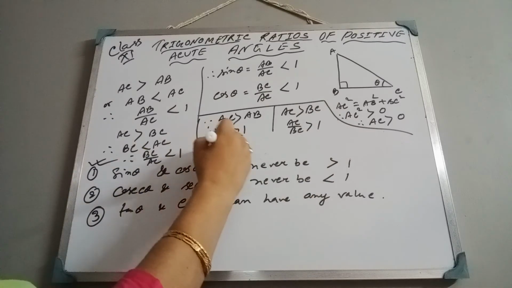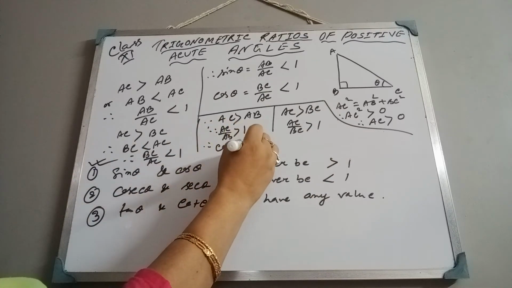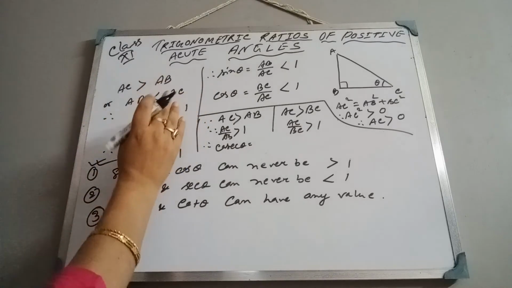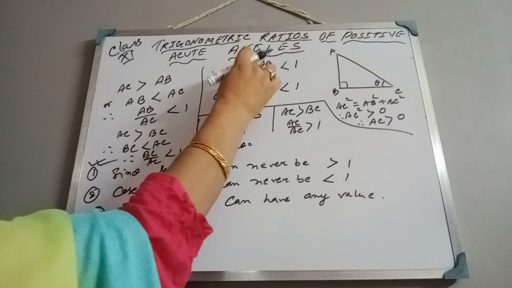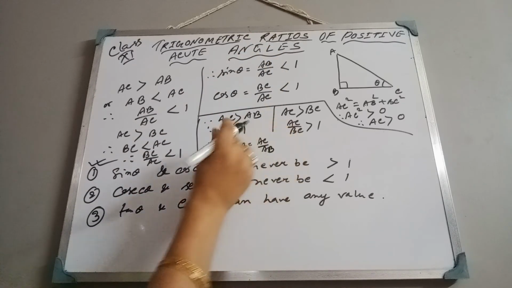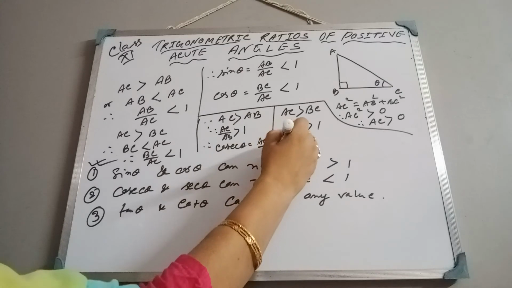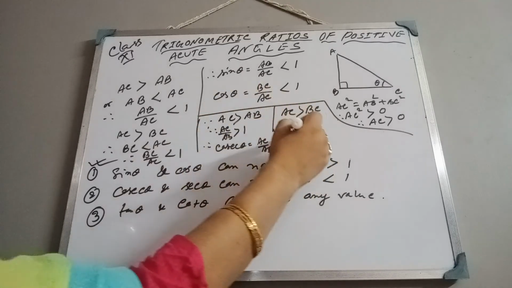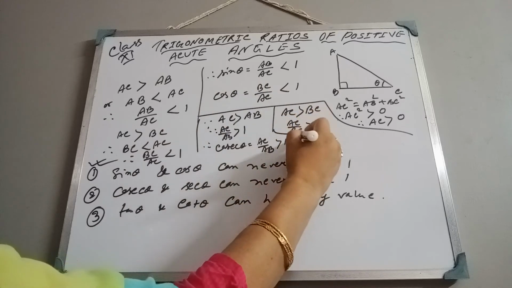Therefore, cosec theta means what? Already I have written that sine theta and cosec theta are reciprocal, so we will write AC by AB. AC by AB is greater than 1, so it will be greater than 1. And this is sec theta.